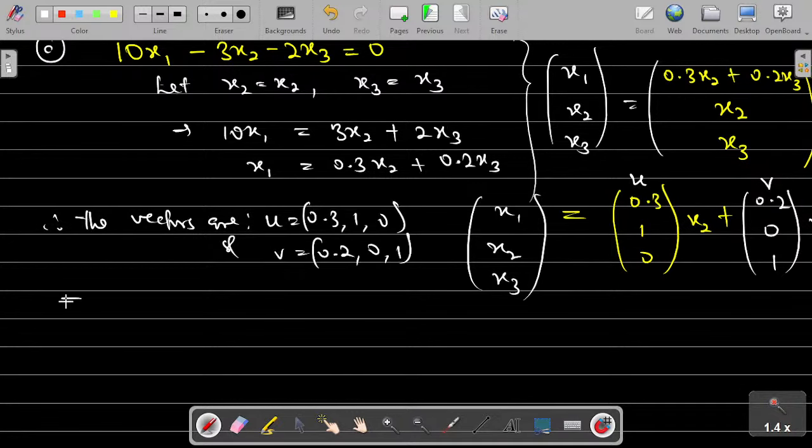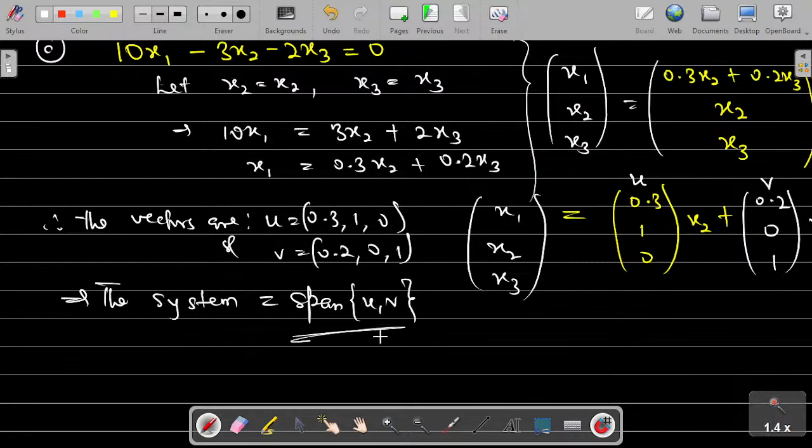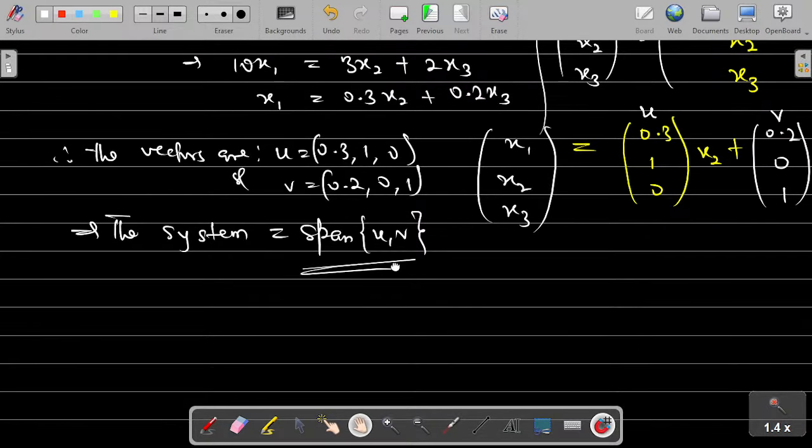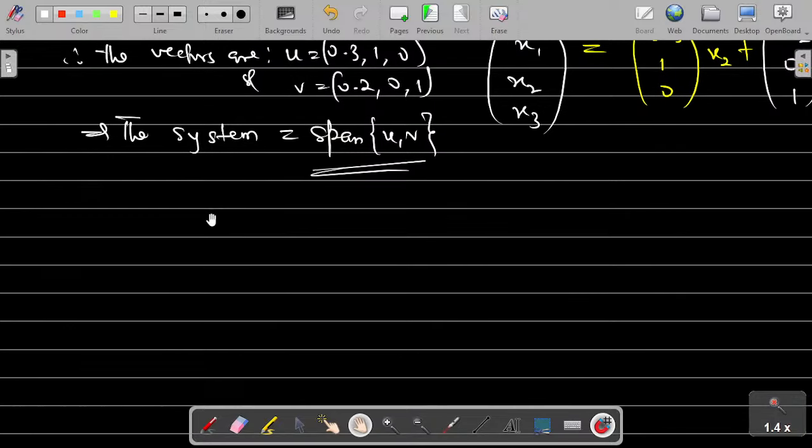And then we can imply that the system is equal to the span of u and v, and that concludes the solution that is required there. So those are the two vectors that span that particular equation.